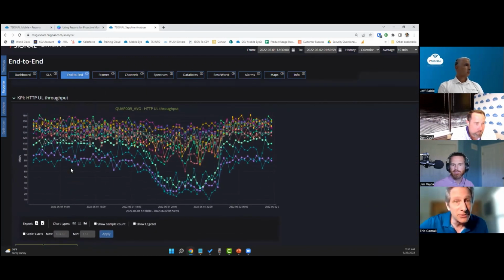This is upload throughput. Upload throughput in an arena is absolutely critical because everybody's uploading their photos to Instagram or Snapchat or wherever, right? And so from that manner, you better have good upload throughput. So I really like what this arena has done in setting the bar very high. You can see that when the stadium is empty, we're pushing 130 to 150 megabits per second.